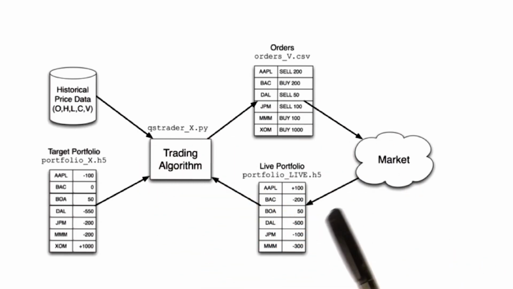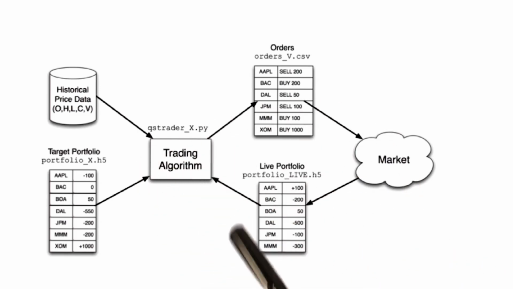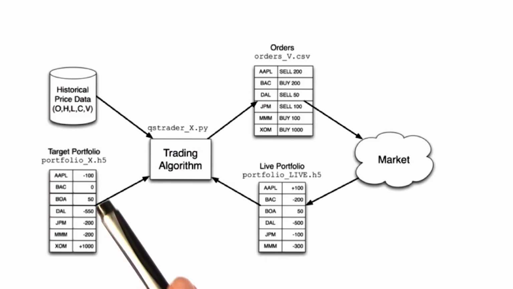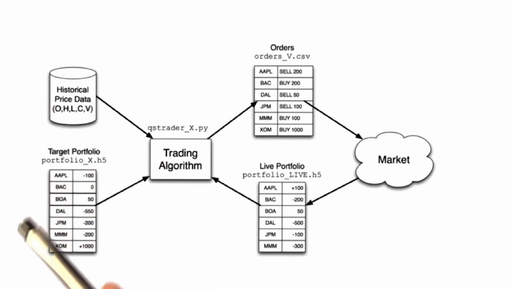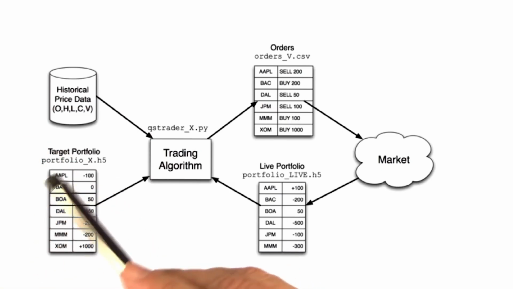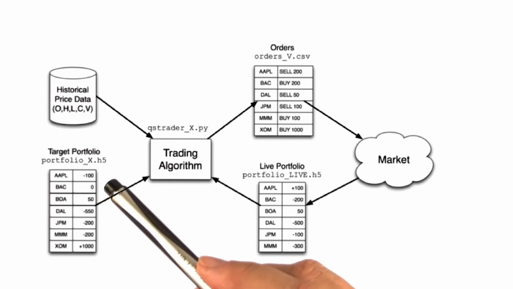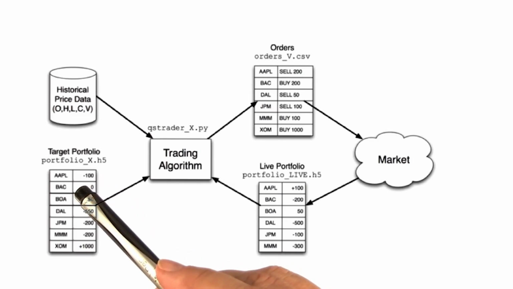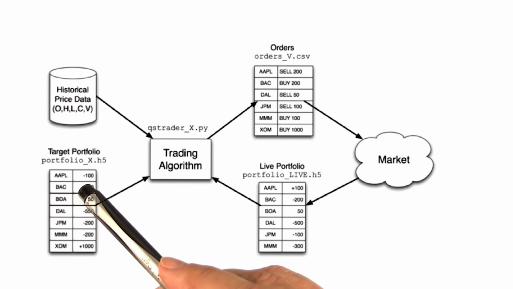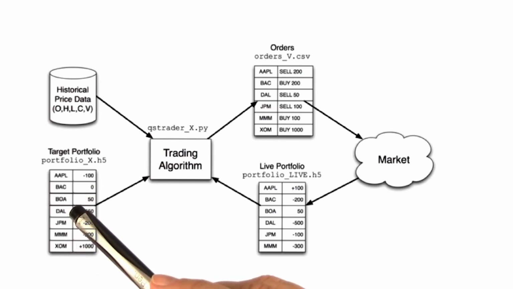It's interacting with the market, observing the live portfolio, and what it's trying to do is to get this live portfolio to match some target portfolio. So somewhere further back inside the hedge fund, we've decided what this target portfolio ought to look like. In other words, how many shares of Apple, how many shares of Delta Airlines we should have, and so on.